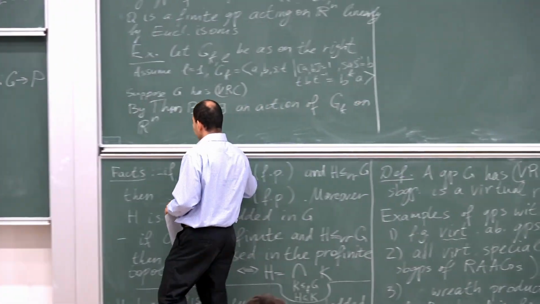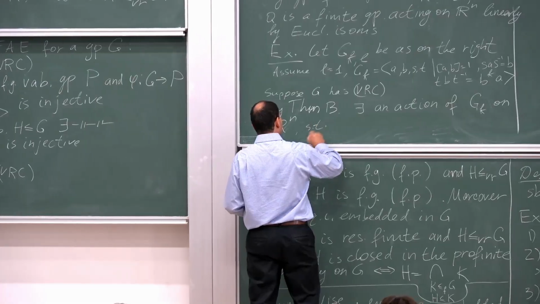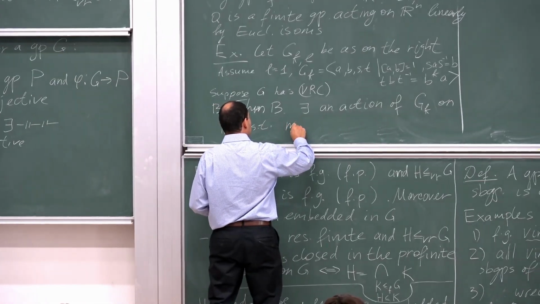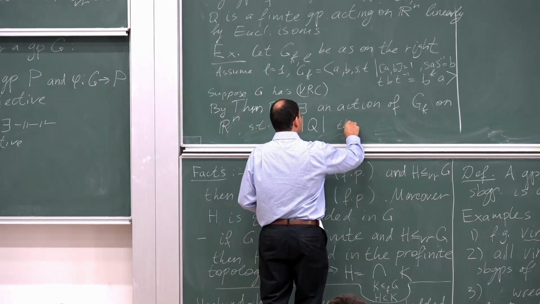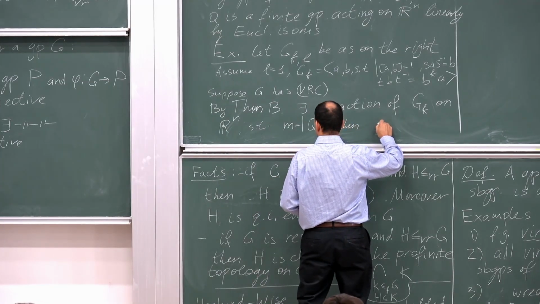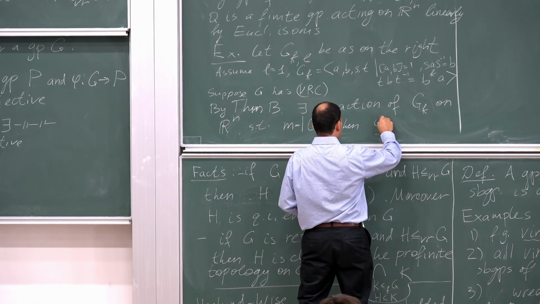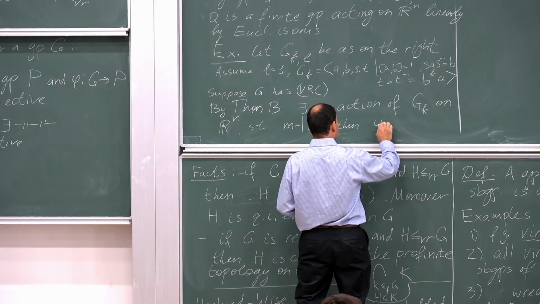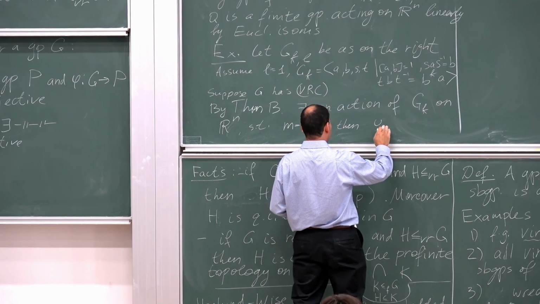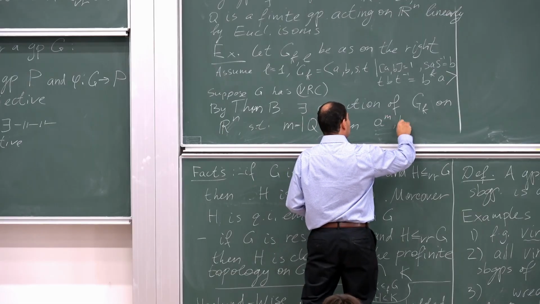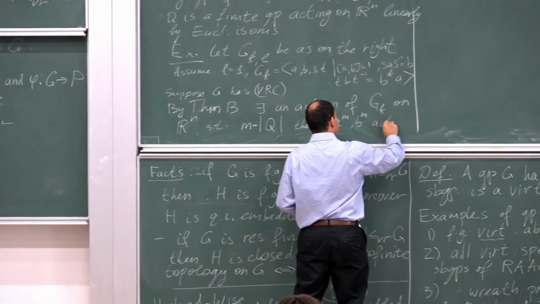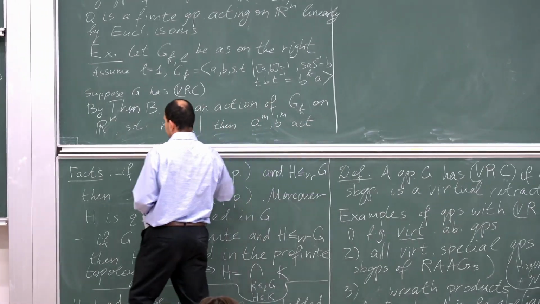So, if M is the order of your finite group Q, then we have a homomorphism. A to the M and B to the M act by translations, right?